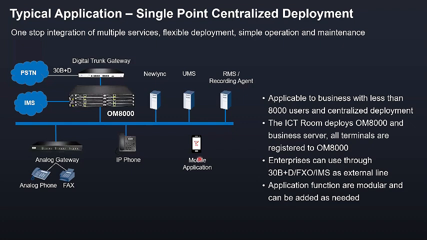With regards to the external lines, you can use the PSTN or the ISDN trunking gateway. And again, this is modular, as I've said. You can extend the applications starting from 1,250 up to 10,000.